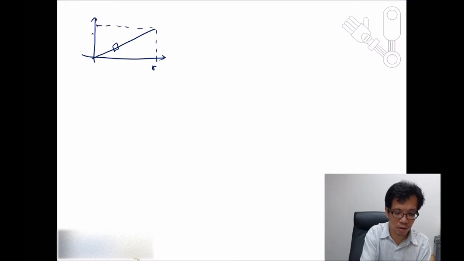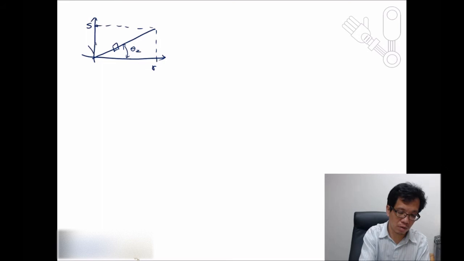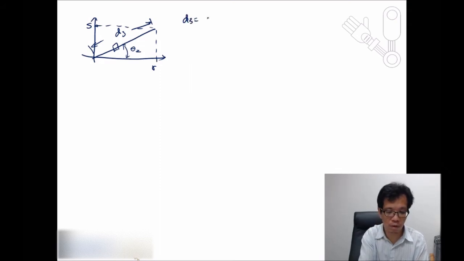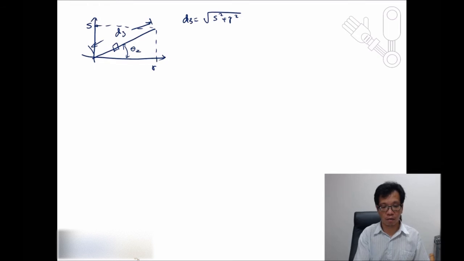This one over here is going to be S, and this is going to be my theta 2. And this is going to be my D3. D3 is pretty straightforward. That is going to be s squared plus t squared, and take the square root of the combination.